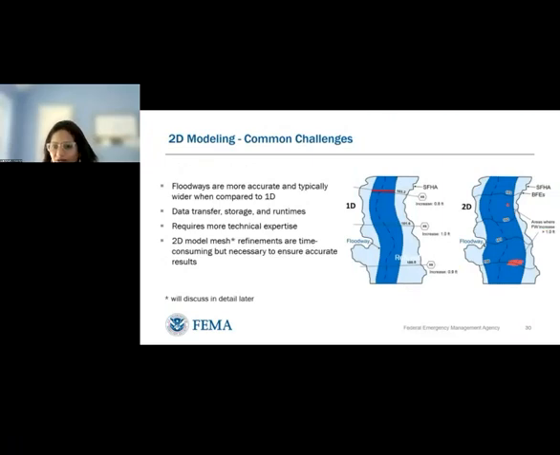And then we talked about all of the good things about 2D models. However, there's always some common challenges associated with a new approach. The common challenges are, compared to 1D, the floodways are wider but more accurate. That's why I said typically, it's not always the case, but they are more accurate.